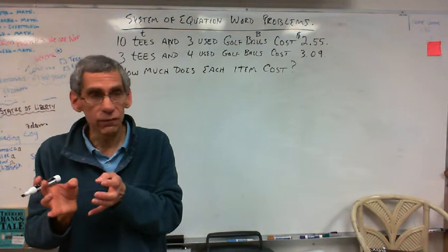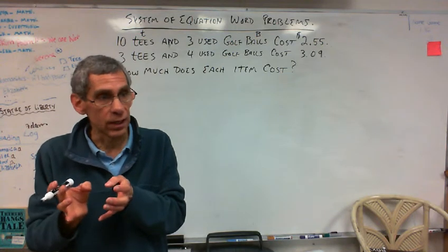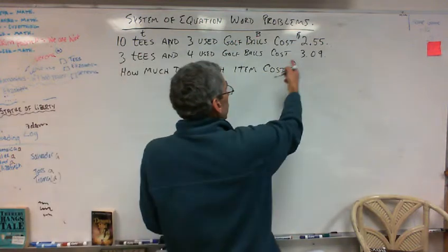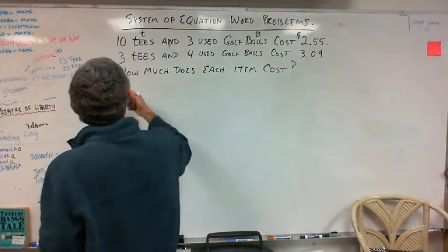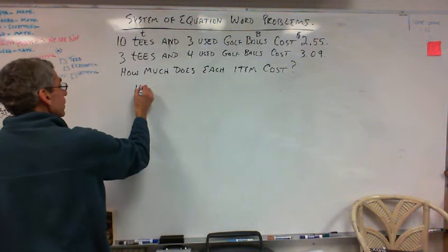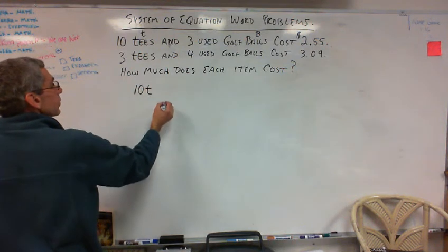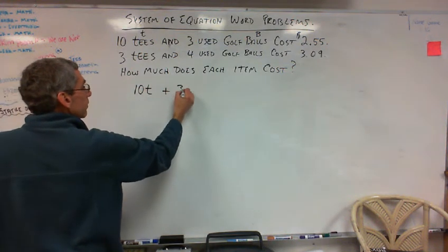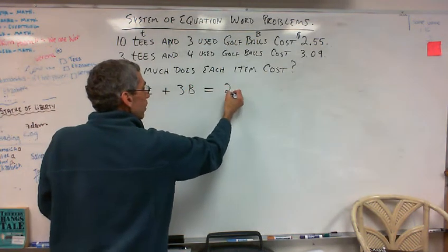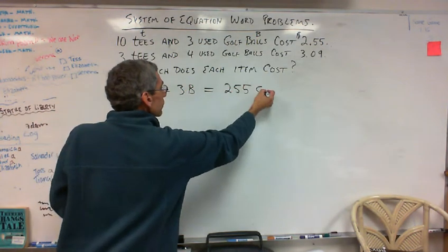What is $2.55 in cents? 255 cents, right? So I'm going to change that to 255. So how many T's do I have? 10 T's. I have 10 T's plus 3 B's, and that all equals 255 cents.